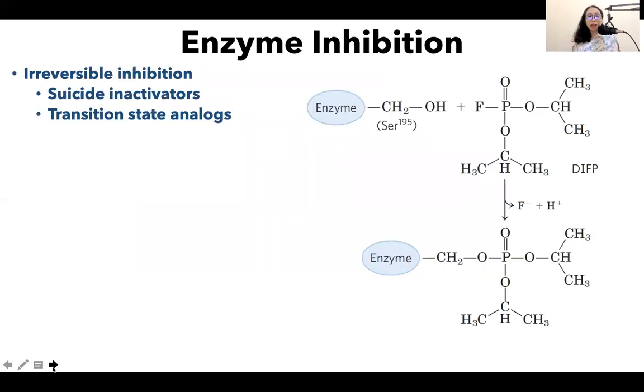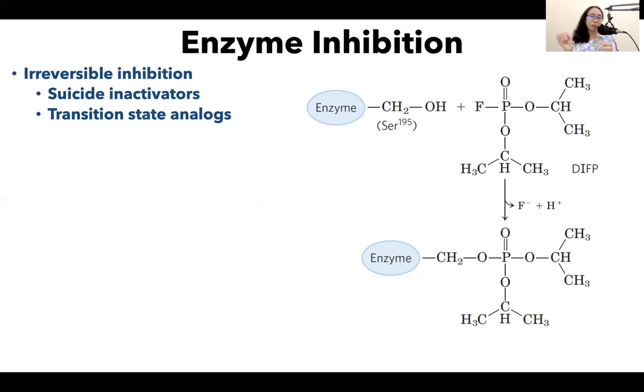And finally, we have the irreversible inhibition, which is, from the name itself, something that we cannot reverse, meaning once your inhibitor binds to the enzyme, it stays there permanently. This is often achieved through covalent bonding.